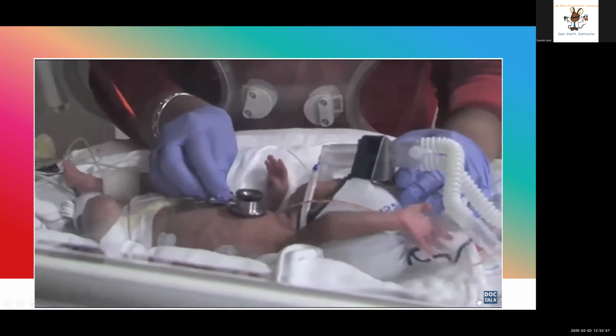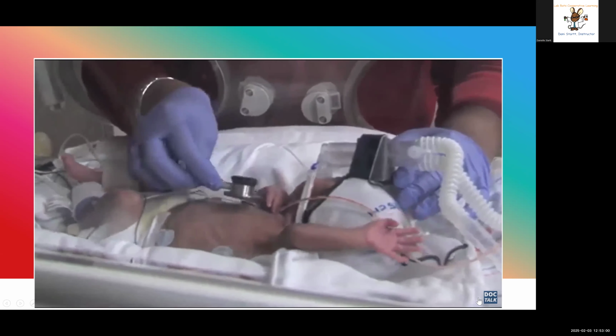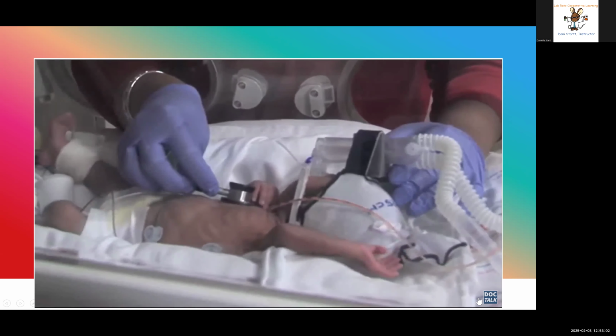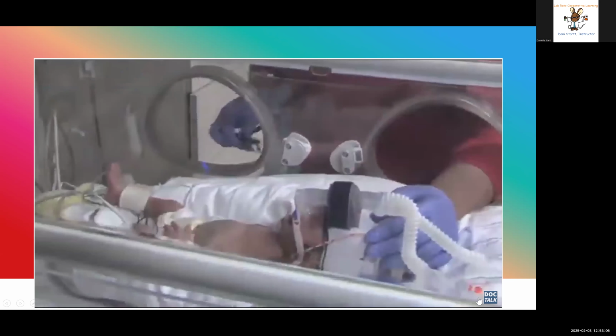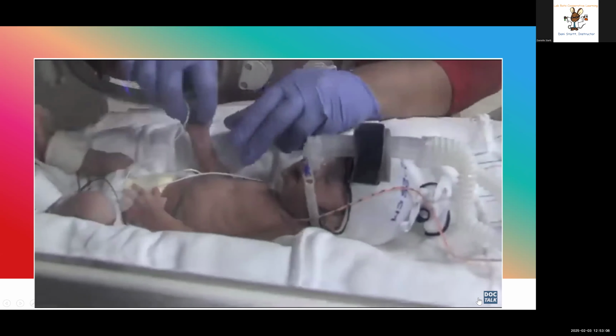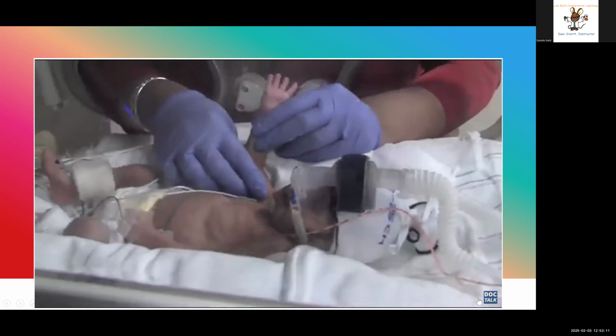So now we can actually intubate the baby and give the surfactant straight into the lungs. And this has improved their outcomes significantly. Babies that didn't used to survive before can actually survive and do very well.